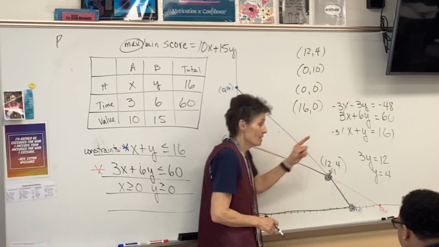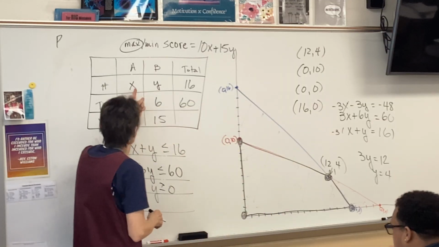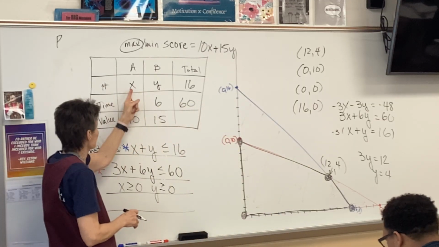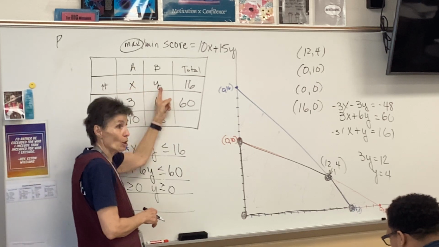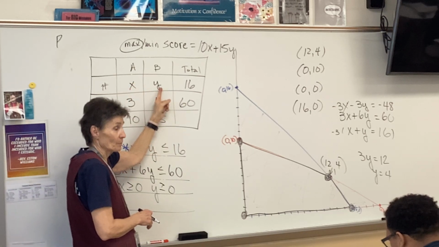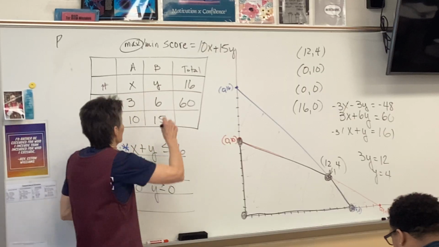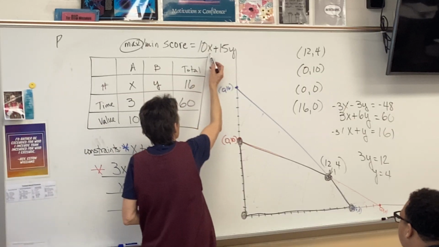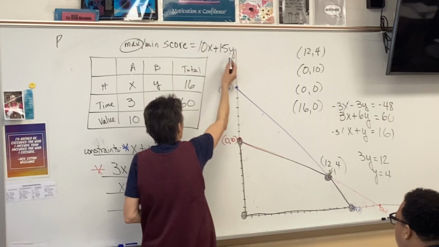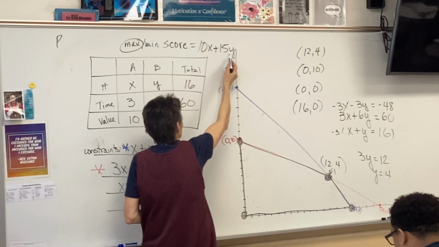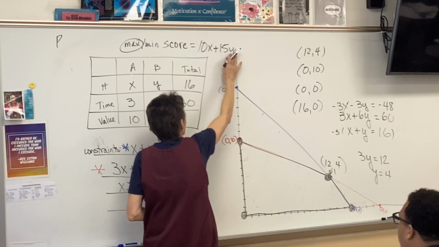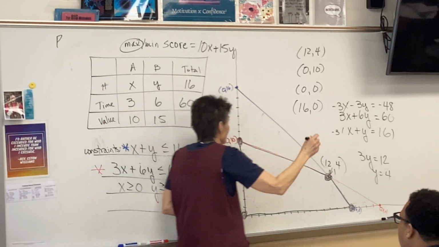Now remember, what does this mean? 16, 0. That means X is 16, which means I did 16 type A questions and no B's. Well, what would my score be if I did 16 A's and no B's? 160, thank you.